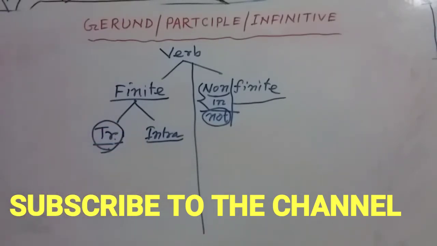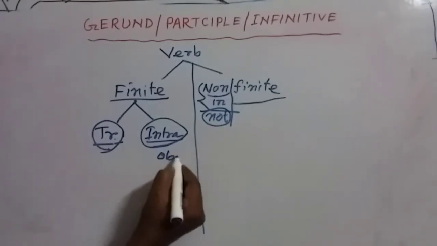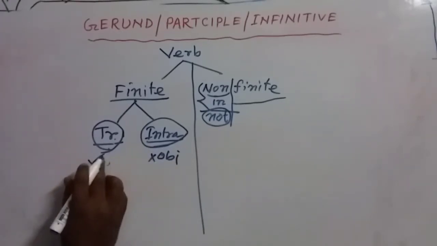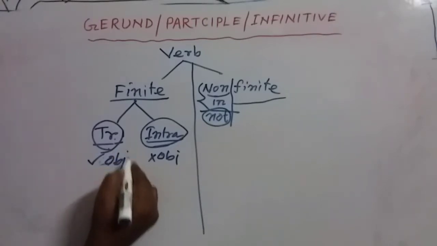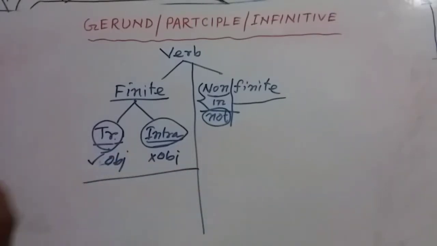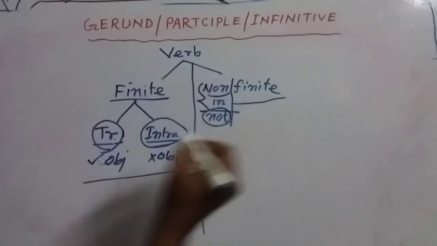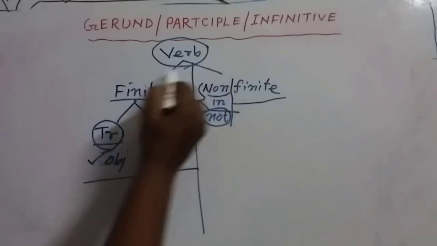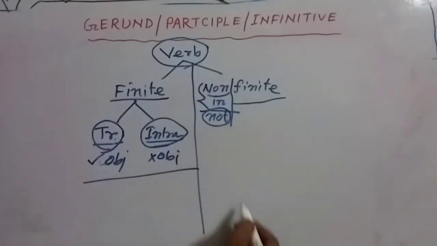Transitive means the verb with object, and intransitive means the verb without object. But we are not going to focus on this part right now. We'll focus on this section. So my dear friends, as this is the part of the verb, obviously in this section there will be the presence of verb in these terms.